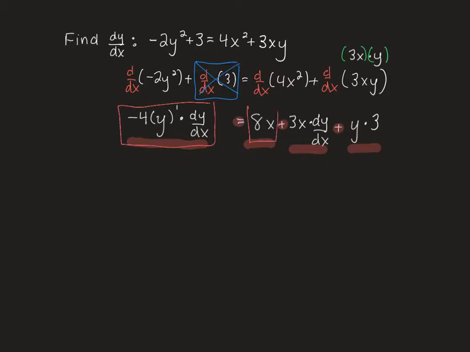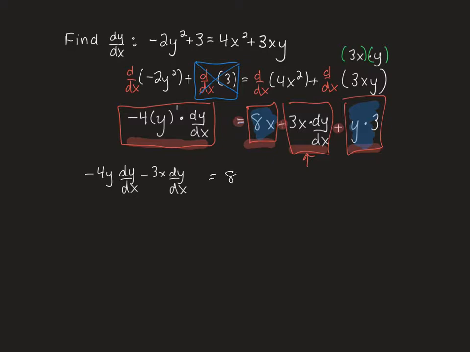So I'm going to take this term and subtract it and move it to the other side. So now I've got negative 4y dy/dx minus 3x dy/dx. And my two terms that do not have a dy/dx are going to stay put on the right side. So equals 8x plus 3y.